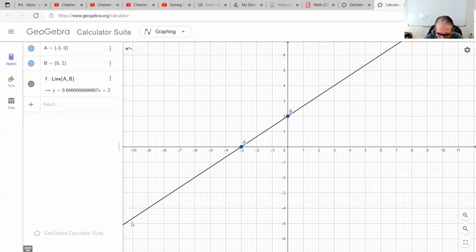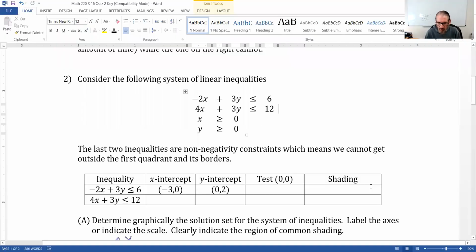All right. Now, as for the direction that it would be shaded, because this is diagonal, figuring out which direction the shading is going, what's left or right of this, what's up or down from this, since it's diagonal, that's harder to tell. So you need a test point.